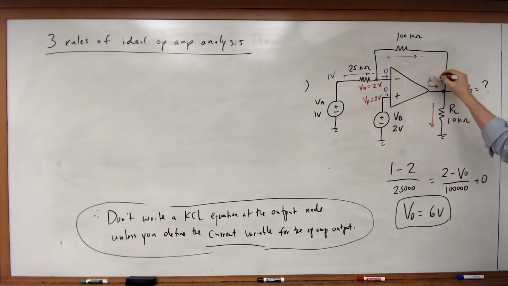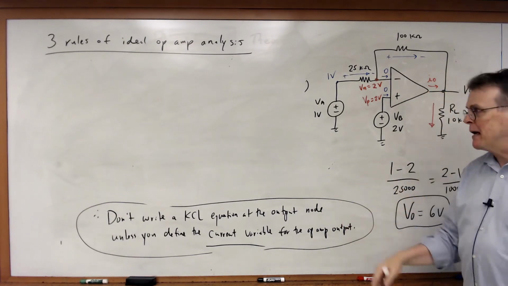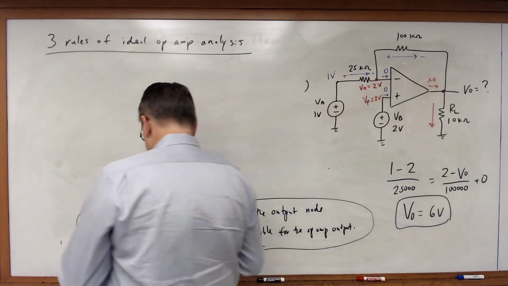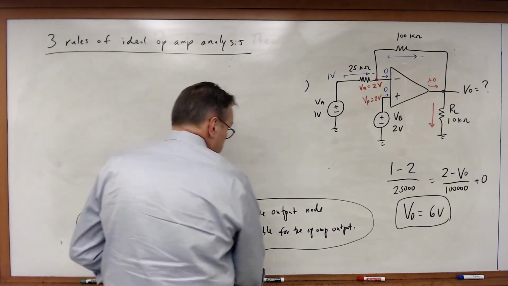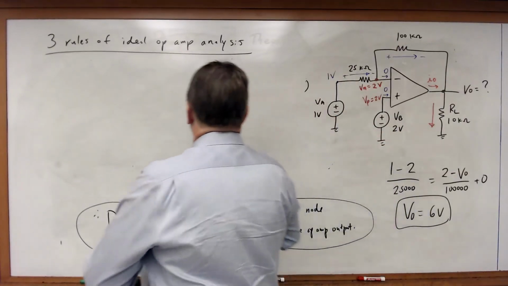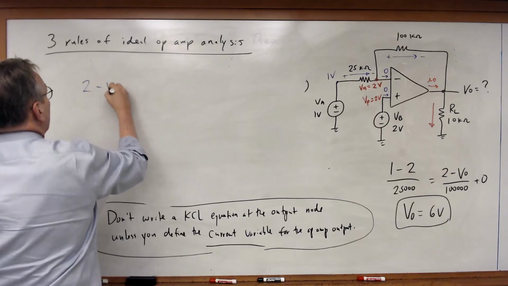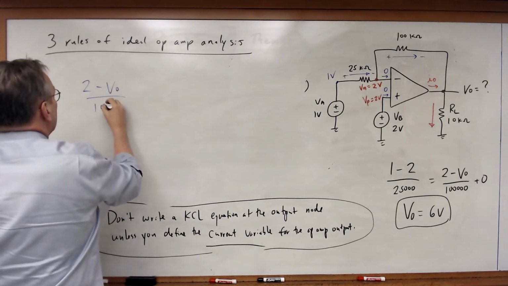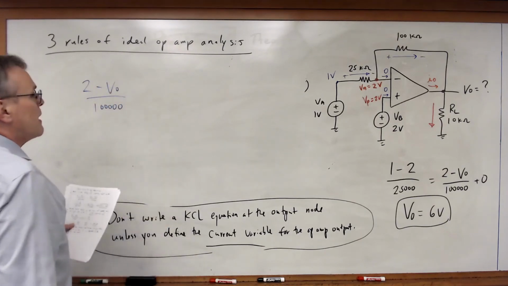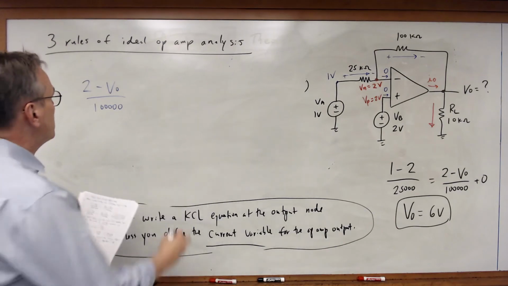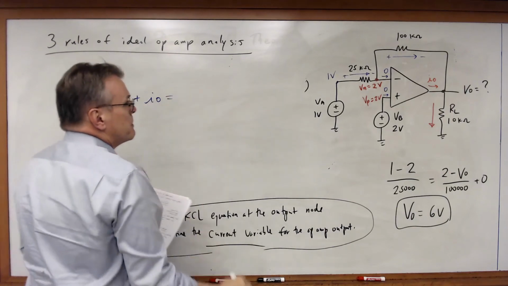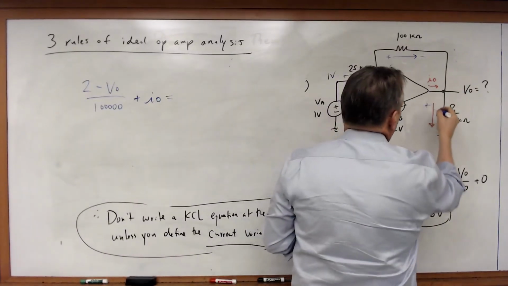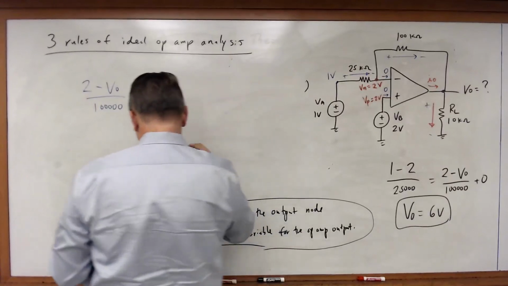I better include that current I sub O, the output current of the op-amp. And so what I get is (2 minus V sub O) divided by 100,000 plus I sub O, both going into the node, must be equal to V sub O over 10,000.